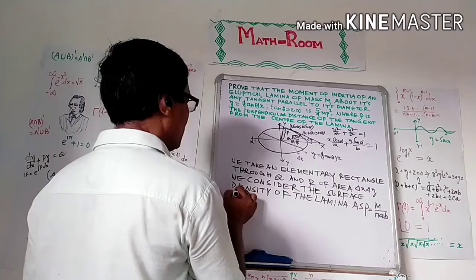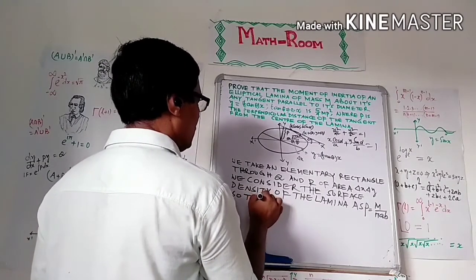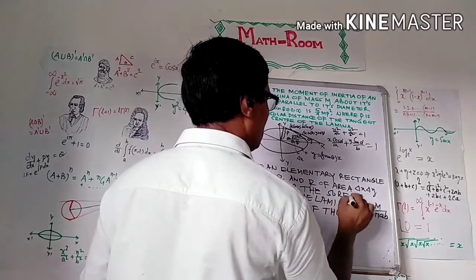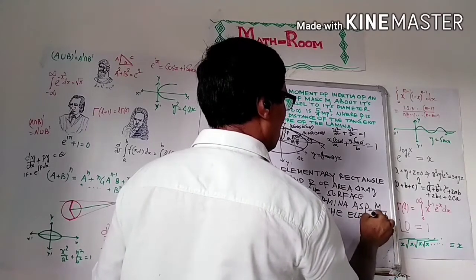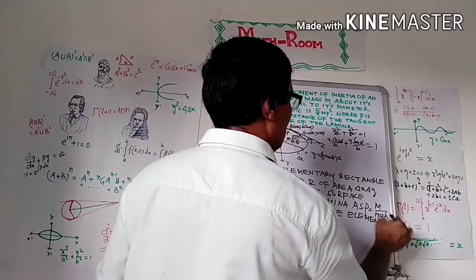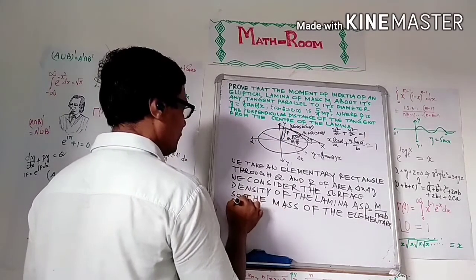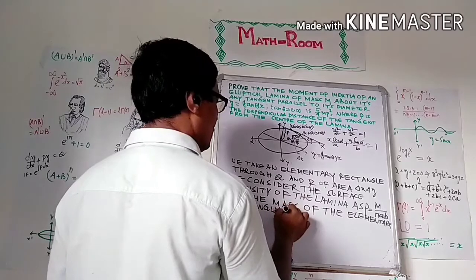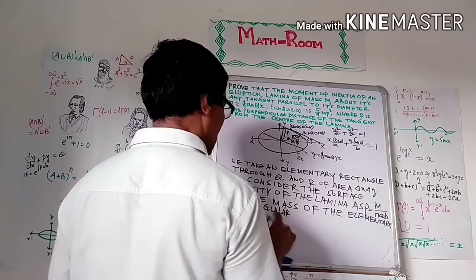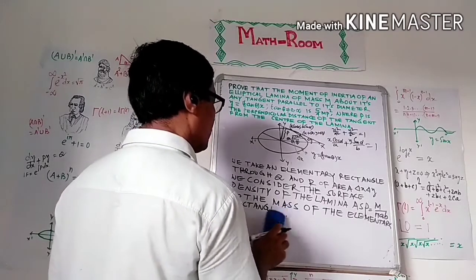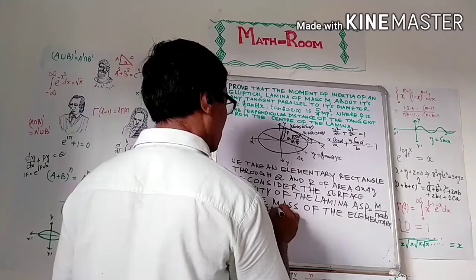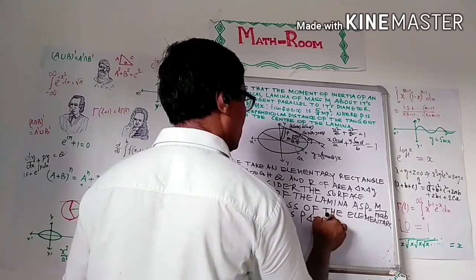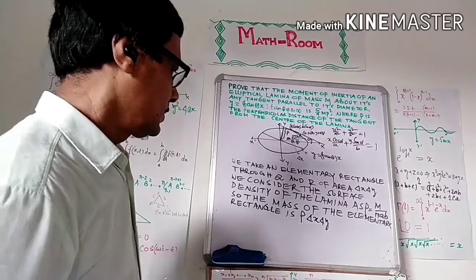So the mass of the elementary rectangle is rho into del x del y, the product of rho, del x and del y.